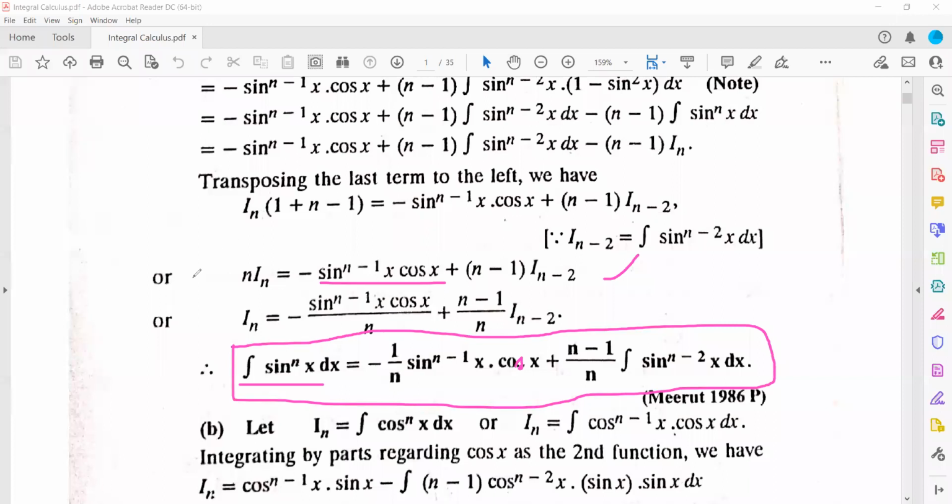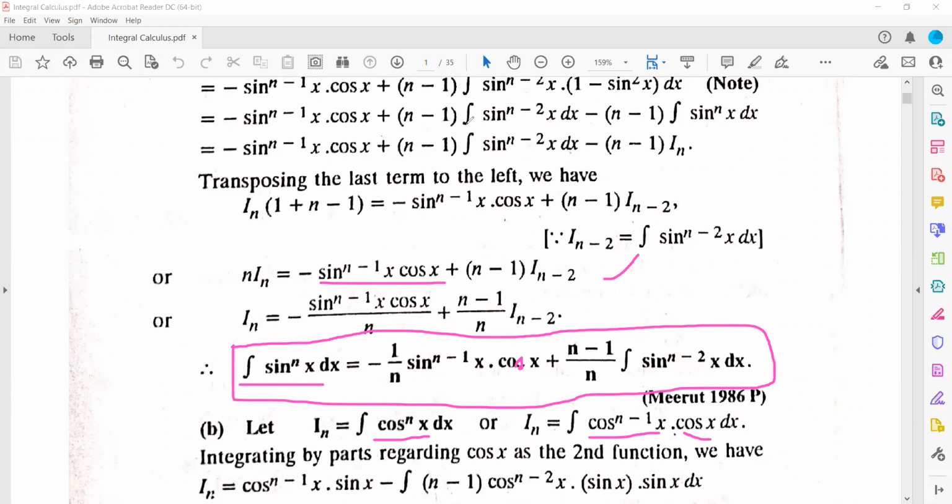What I did in case of sine to the power n x was write sine to the power n minus 1 x into sin x, no? So the same thing: cos to the power n minus 1 x into cos x. The same process will be followed.